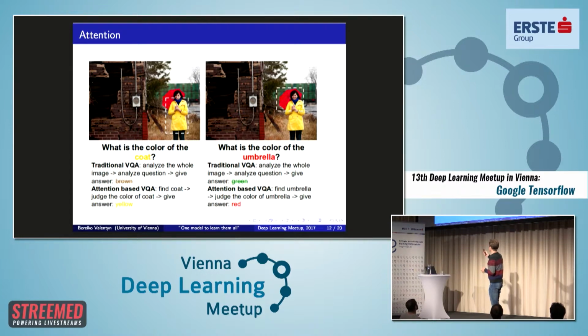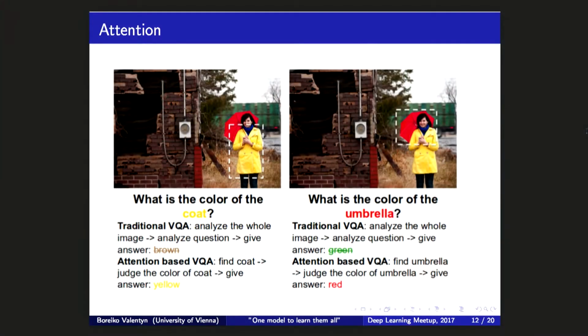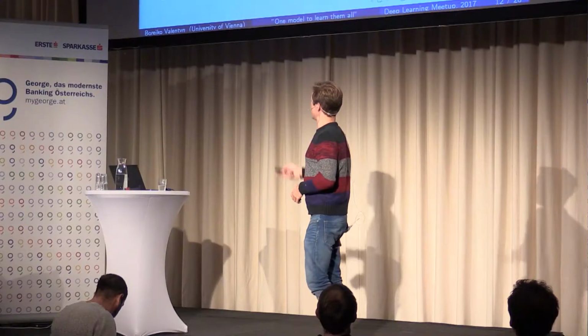For example, when you would use no attention and you would ask what is the color of the coat, and you get such an image, traditional question answering would analyze the whole image, analyze the question, and give the answer brown, which is wrong. And with attention-based, you have an attention model or neural network that finds the coat, and then judges the color and gives you the answer, yellow.